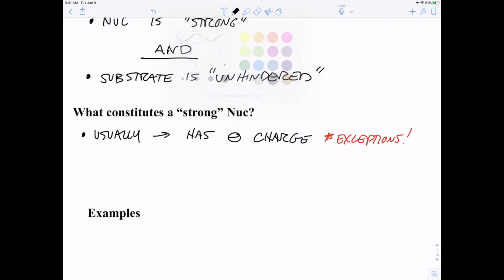So we'll talk about a couple of exceptions in our examples in a minute. The negative charge is important. Another thing that's important is that they're pretty small and sleek or linear types of molecules that don't have a lot of steric bulk to them.